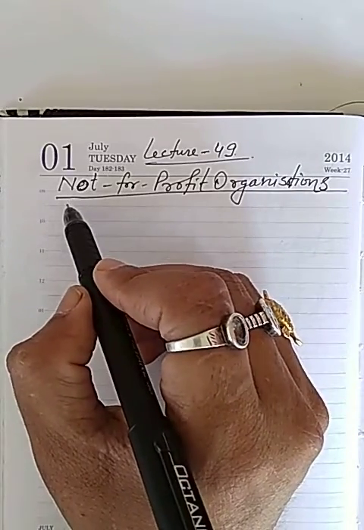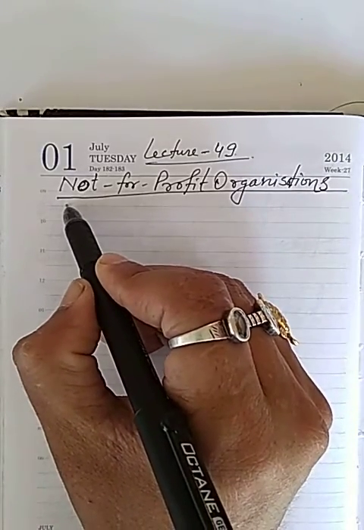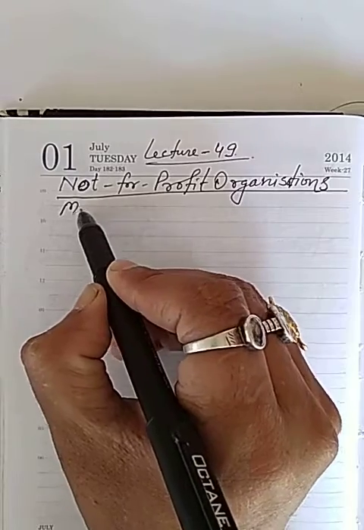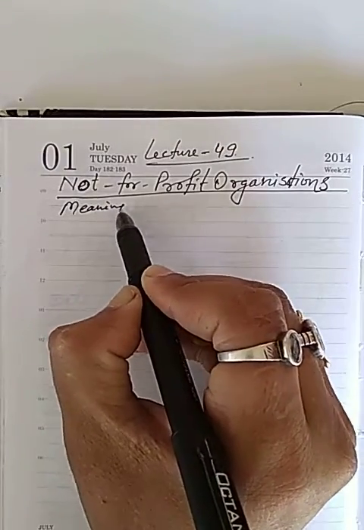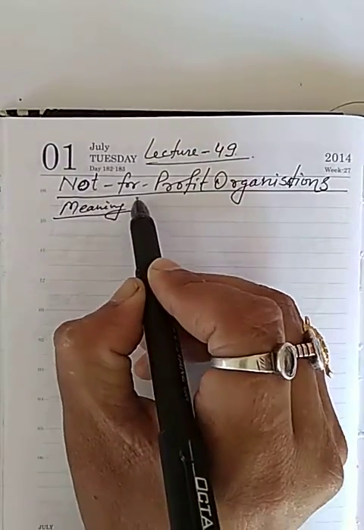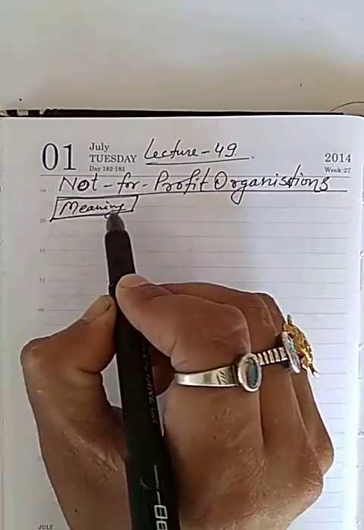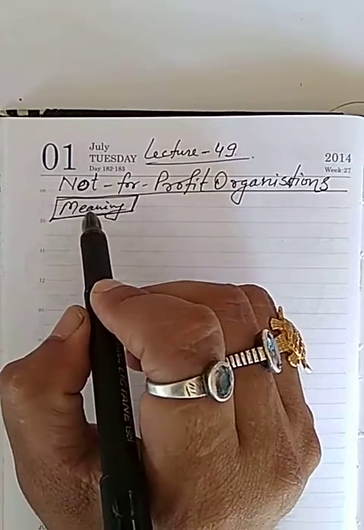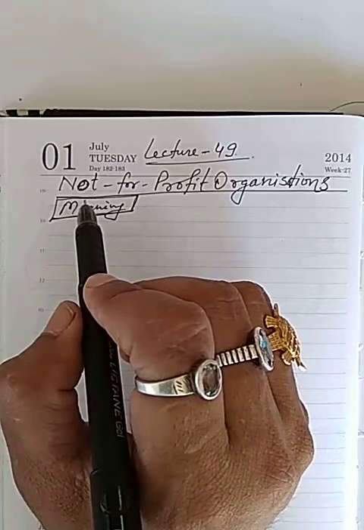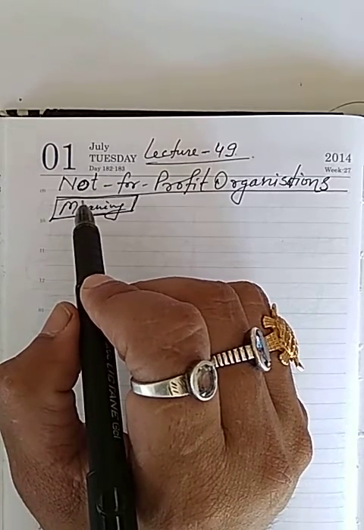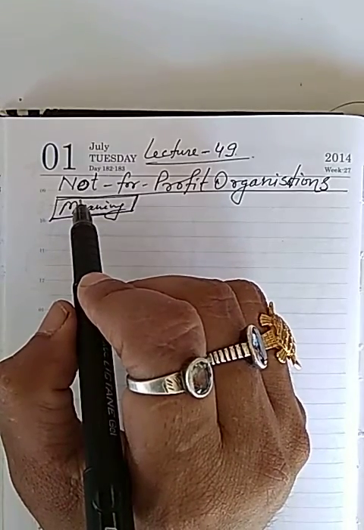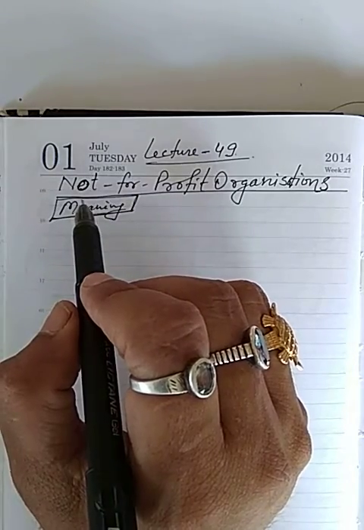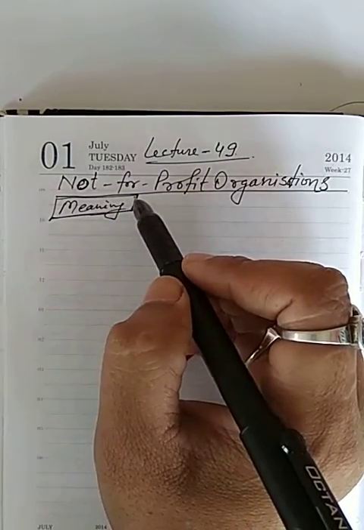So let us start with the meaning of not for profit organization. We all know there are two types of organization. First, profit organization, and second, not for profit organization.